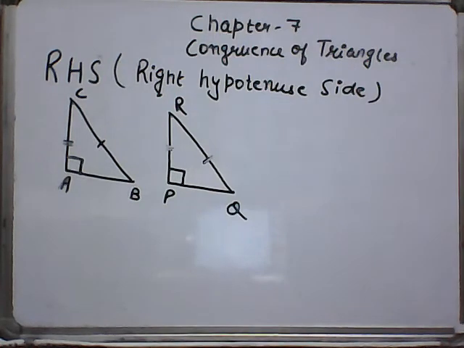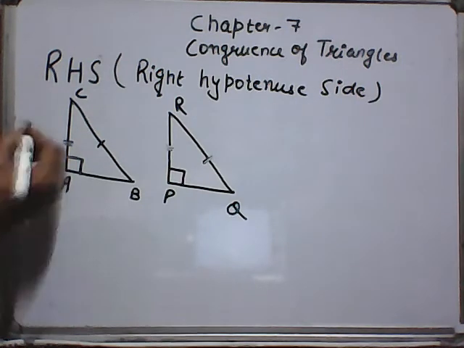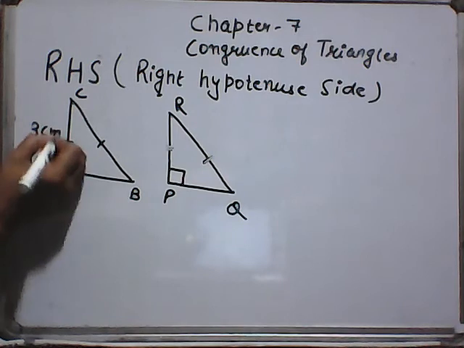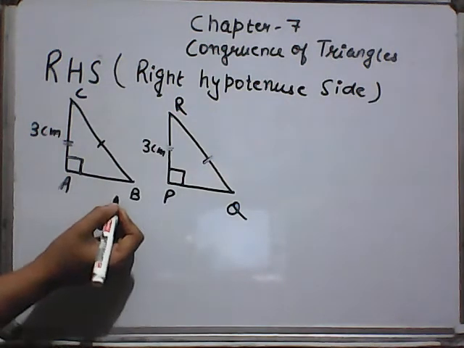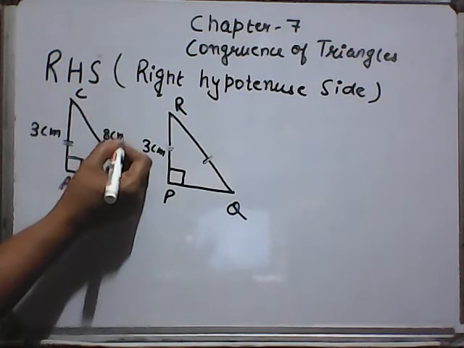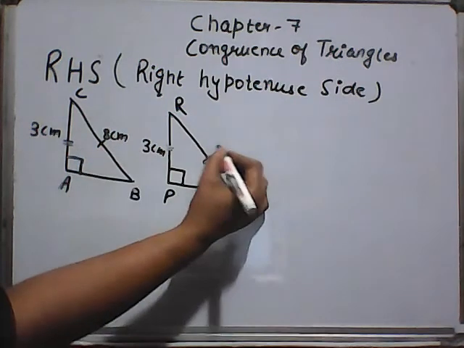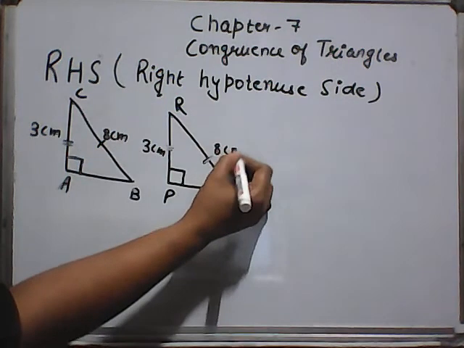Here angle P is given as 90 degrees. Now AC side is given as 3 centimeter. Here PR side is given as 3 centimeter. In this triangle BC side is given as 8 centimeter. Suppose in this triangle QR side is given as 8 centimeter.